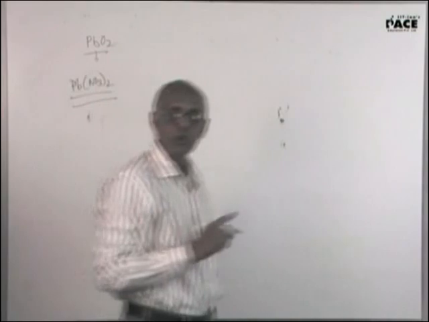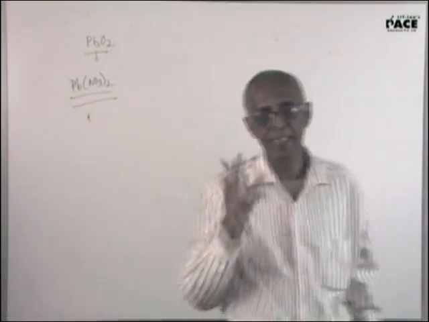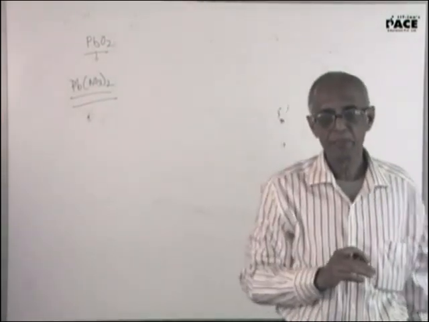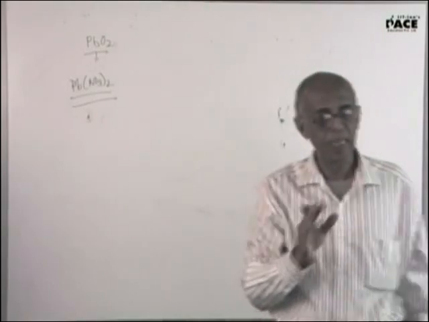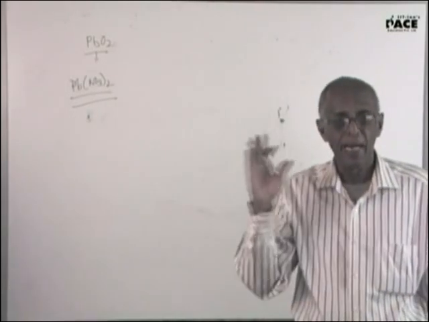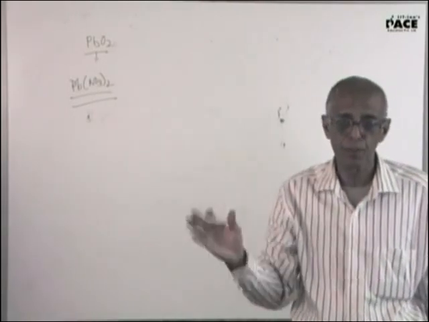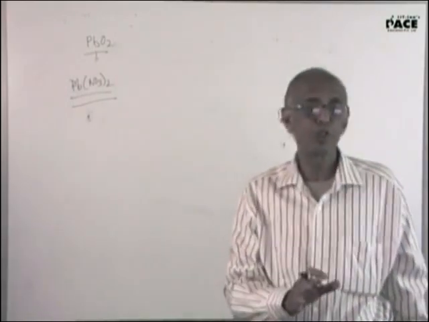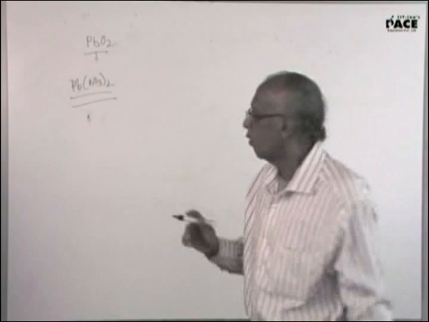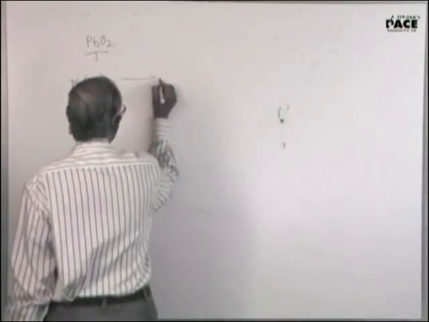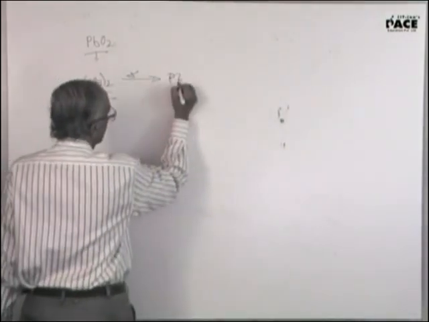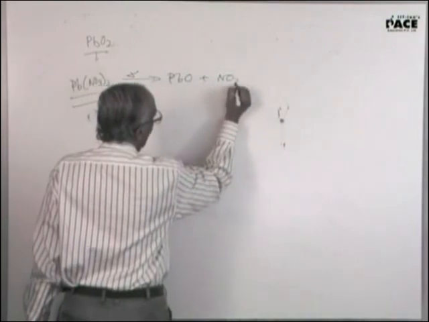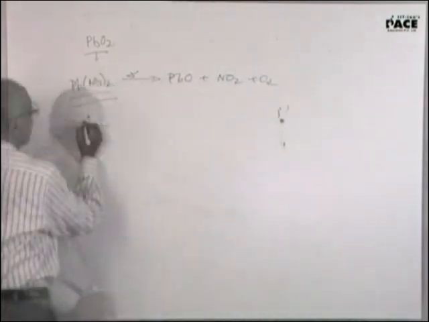I have told you how to prepare lead monoxide by heating lead in oxygen. At 300 degrees it gives lead monoxide, massicot. At 900 degrees it converts into litharge. There are two other methods to prepare lead monoxide. One is lead nitrate on heating gives lead monoxide, nitrogen dioxide plus oxygen.